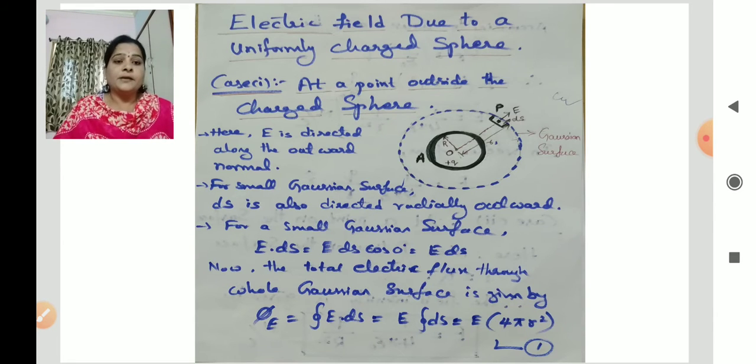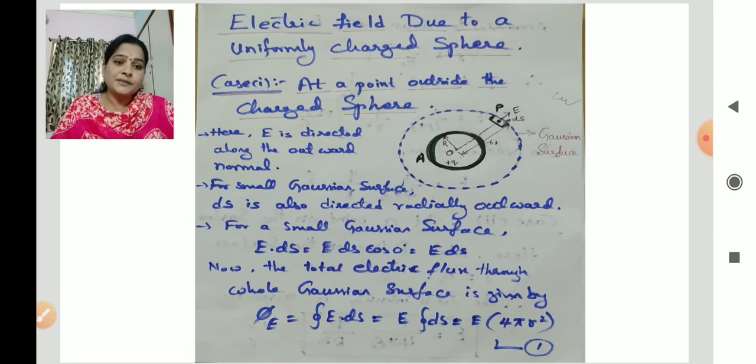The center of the sphere is assumed to be O. The radius of the sphere is assumed to be capital R. And the charge on this sphere is plus Q. So it is enclosed with a charge Q. The charge distributed over this sphere is Q. Now we are interested to find out the electric field at a point outside the charged sphere.